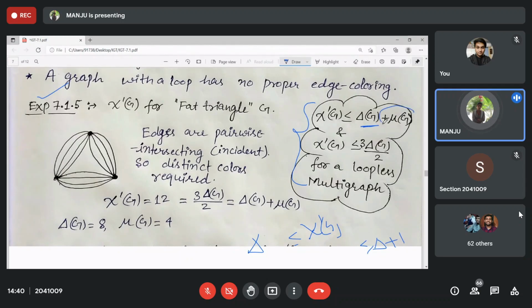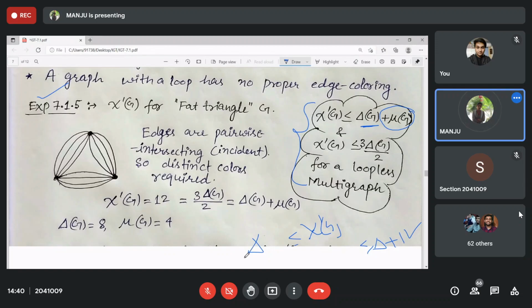Mu denotes the multiplicity. See, in a simple graph, the multiplicity of G was 1. That's why delta plus 1. But here, multiplicity will be the maximum edge multiplicity, that is, the maximum number of multiple edges between pairs U and V.